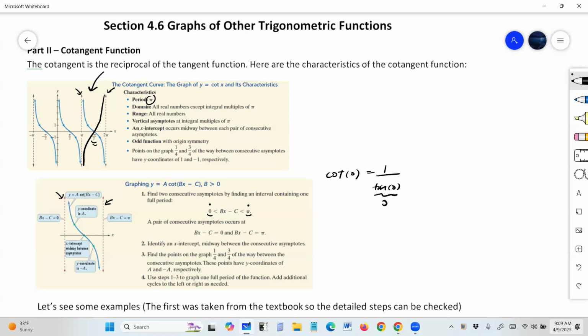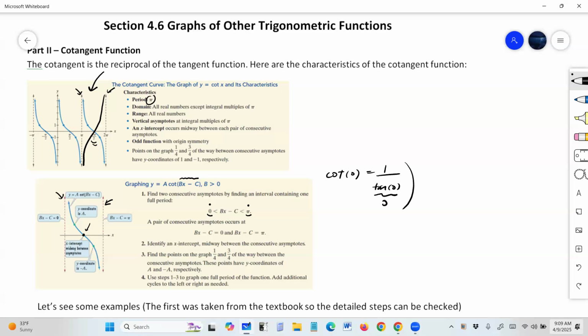Okay, so with the tangent case, we were able to immediately find the x-intercept by making bx minus c equal to 0, but in the case of the cotangent, we can't do it for the reasons I just mentioned.